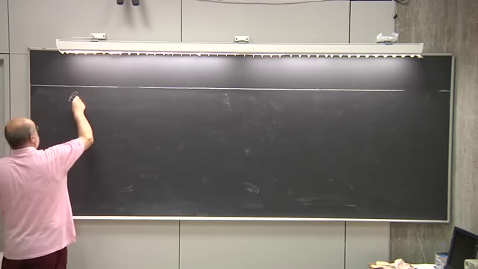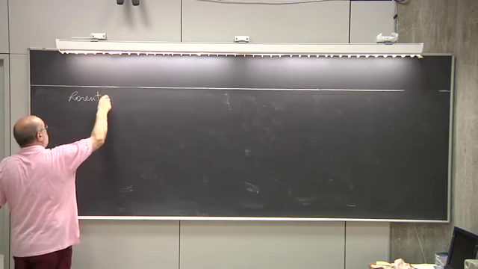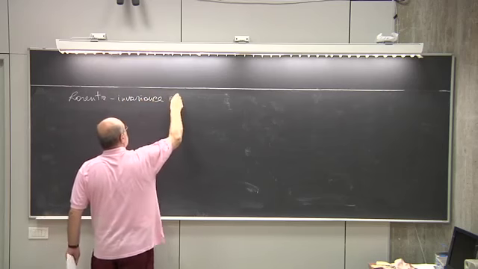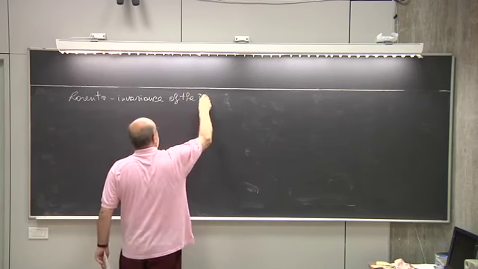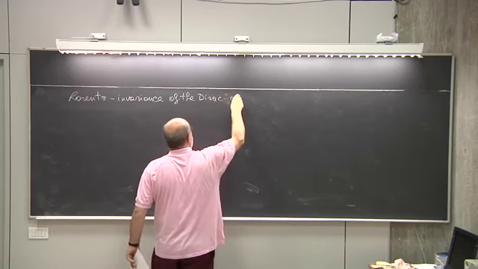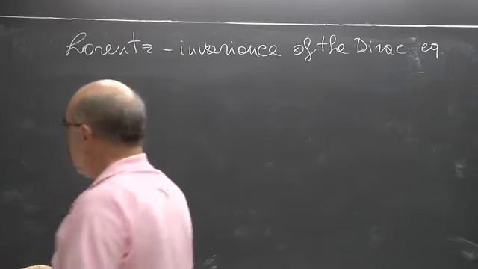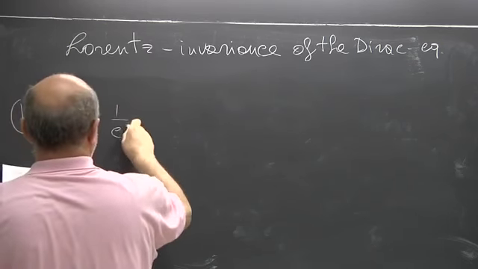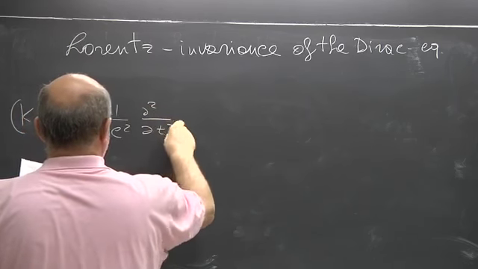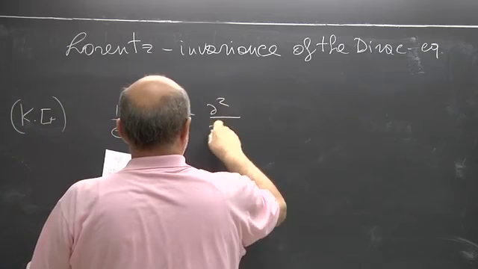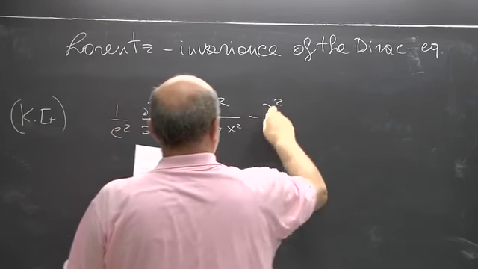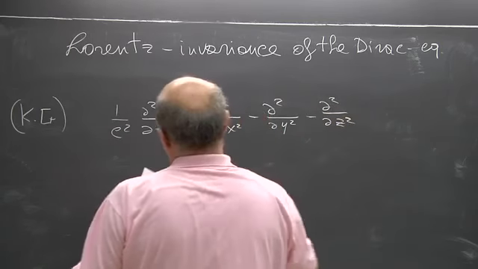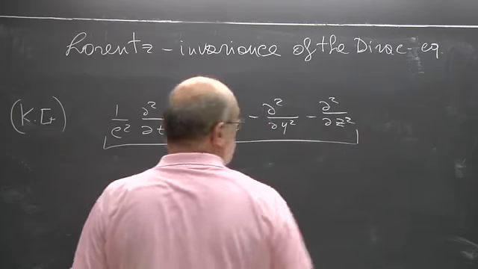Okay, so now let's look at the Lorentz invariance of the Dirac equation. In the Klein-Gordon case, it was second order, so we had this operator. And this operator is clearly Lorentz invariant. Why?